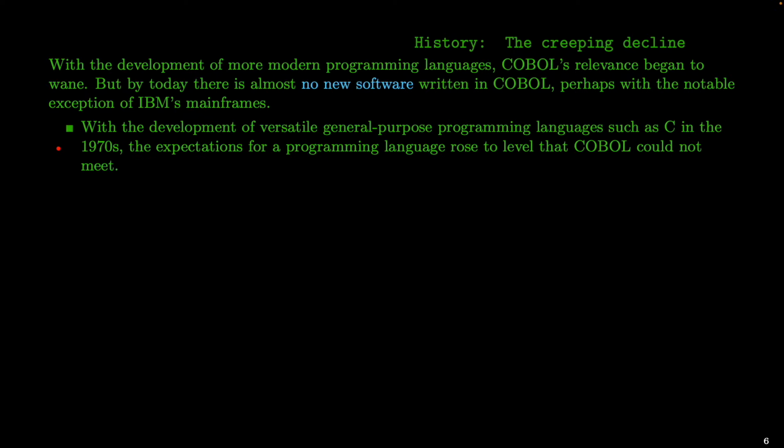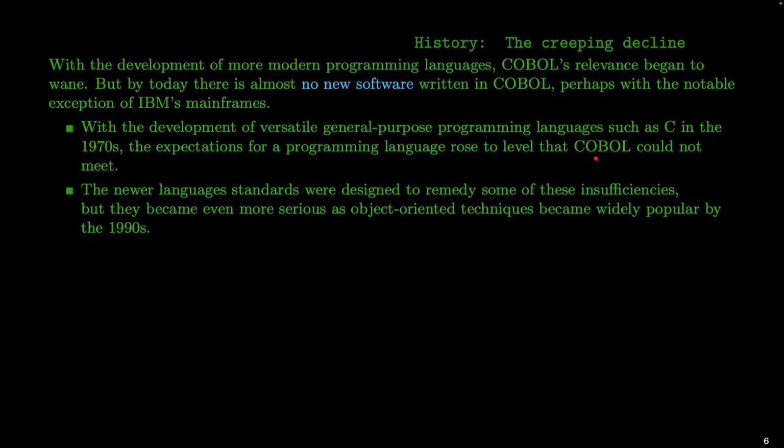But at least once the programming language C arrived at the scene, which was a general purpose programming language, the expectation of what a programming language should offer feature-wise and should be able to do rose to a level that COBOL could not meet. So C certainly is a much better programming language than COBOL.